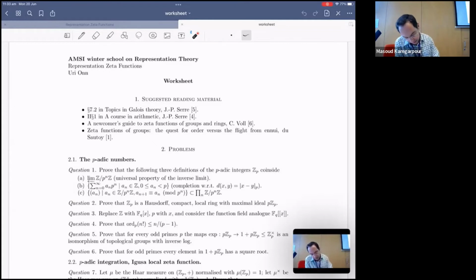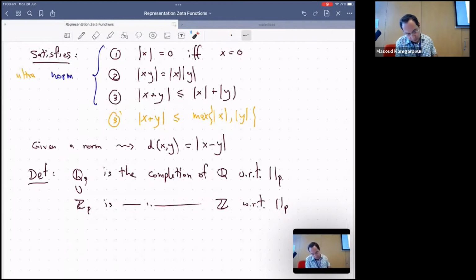So the first definition is just completing with respect to the metric. This is something that you're used to if you are using the usual absolute value, because if you are completing, so just recall.